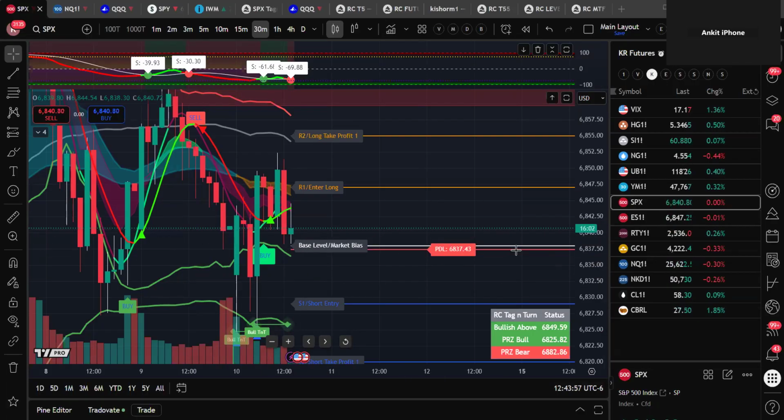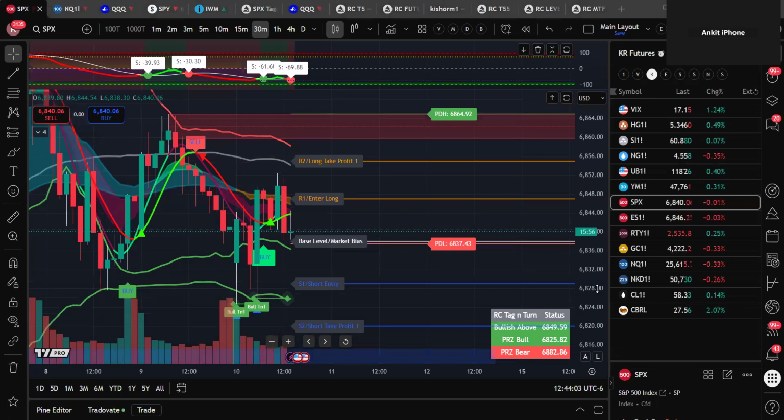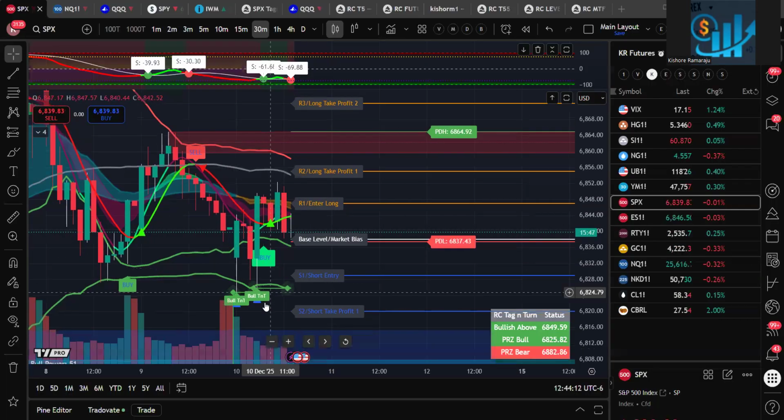But I don't have these tickers and all those things. All I follow is the option channel and whatever you ask to buy or sell. Right, so whenever we give a 5-day expiry, you can take those trades where you can hold them completely. For example, now we got a bullish Tag and Turn. That means within the next 5 days, price will be above this price. Then whatever bull puts you do here in the next 5 days, you can keep all those premiums.